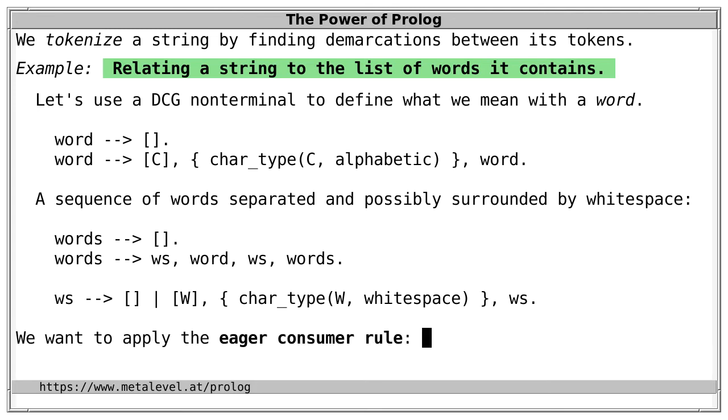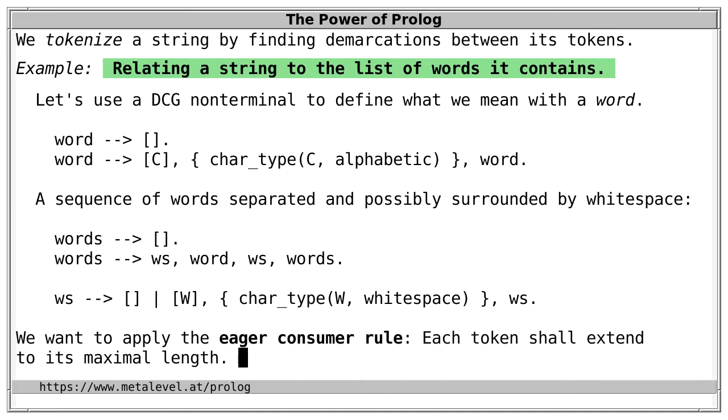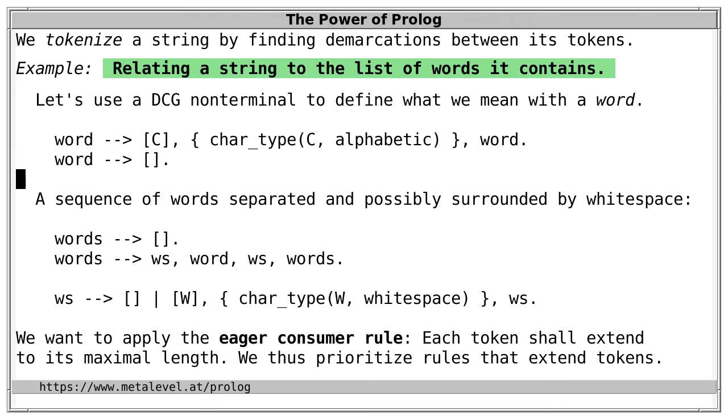For now, let's implement what the Prolog standard calls the eager consumer rule. This means that each token shall extend to its maximal length. And we get this by prioritizing rules that extend tokens, by consuming more characters. For instance, for word, we simply exchange the two rules, because now the rule that, procedurally speaking, extends a word comes first.